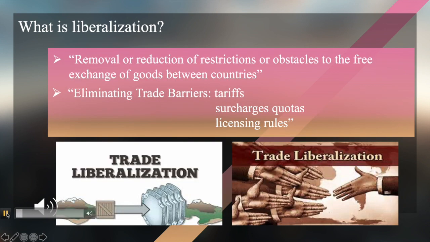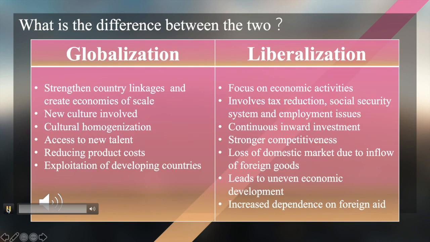So, what is liberalization? Liberalization is the removal or reduction of barriers to the free exchange of goods between countries. More specifically, it refers to the elimination of tariffs and trade barriers. So we have to distinguish between those two concepts, which have different meanings.